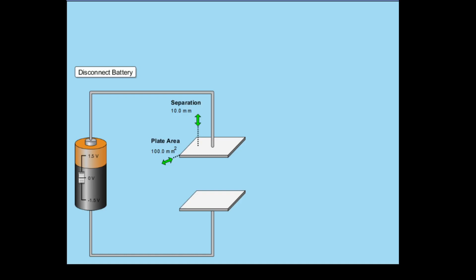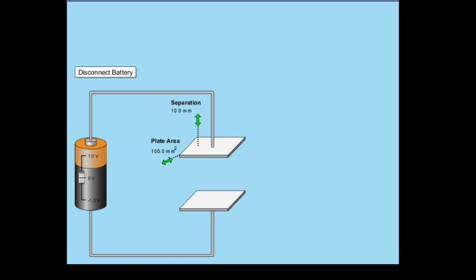Hello students, today we shall discuss how the capacitance of a capacitor depends on the area of its plates. Here the plate area is 100 millimeter square and the distance of separation between them is 10 millimeter.